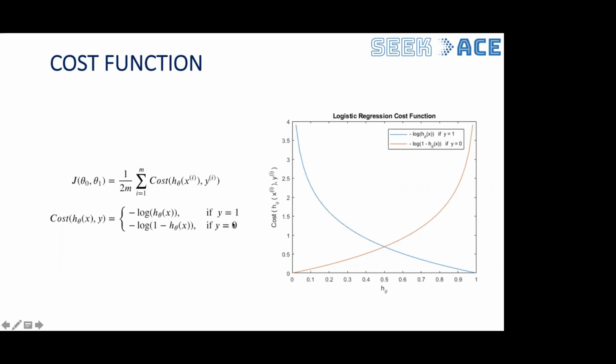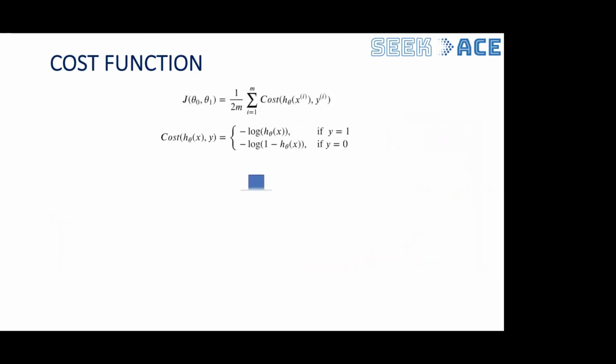The opposite: if y is 0 and we predict h theta x is 0, then log 1 will be 0. So these two lines give us a convex function, and it is feasible to find the global minima of this convex function. That's why the cost function is designed this way.